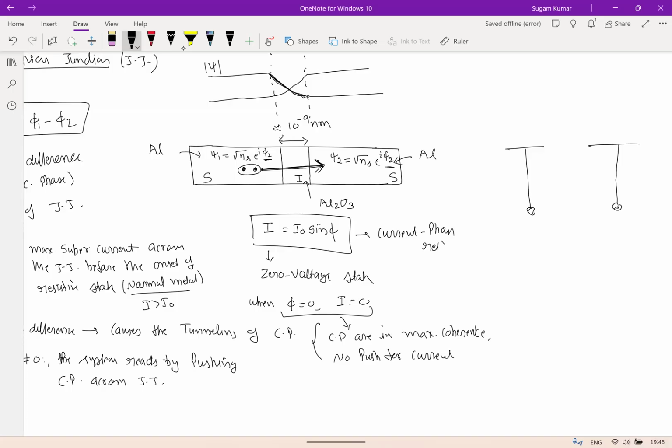Now, if the two swings are attached together and they are oscillating in the same phase, same phase means when one becomes maximum, the other also goes to maximum.